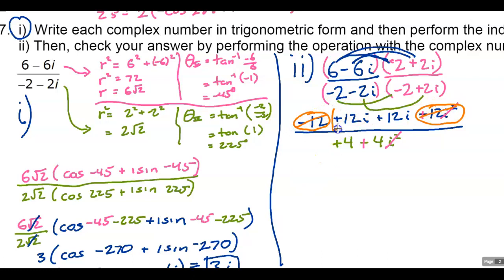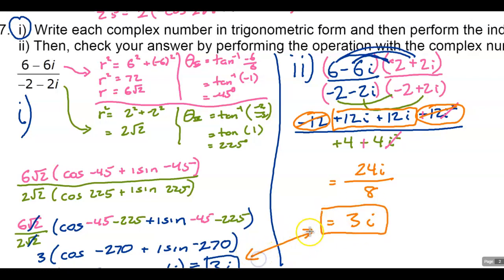So I'm just left with 24i, right? And on the bottom I have 4 plus 4, which is just 8. Of course, 24 divided by 8 is 3i. So those match, right? Very important that those match.